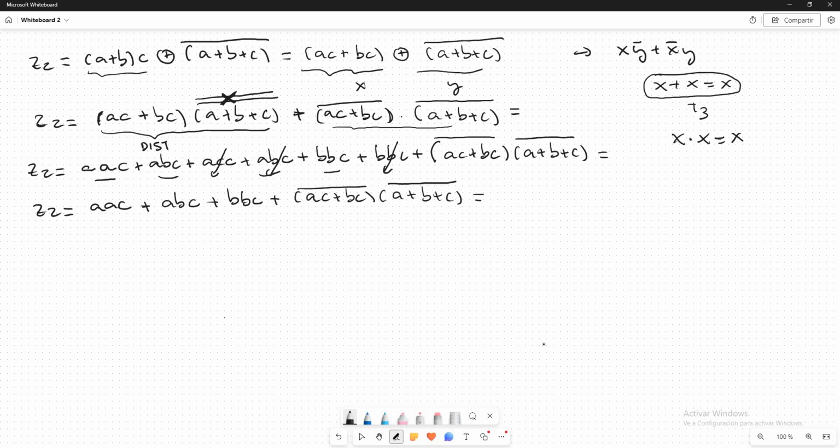So here we can get rid of this A and this B because they are repeated. Okay? So we have AC plus ABC plus BC plus the other term that I haven't touched yet.